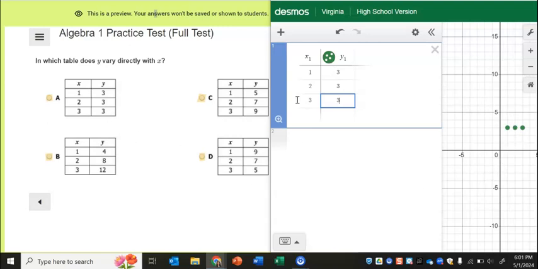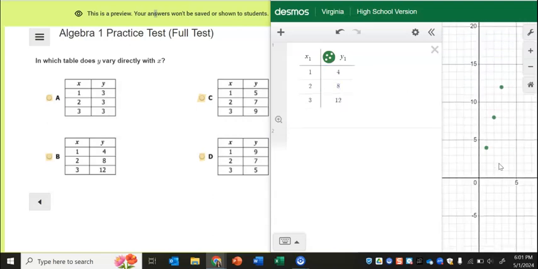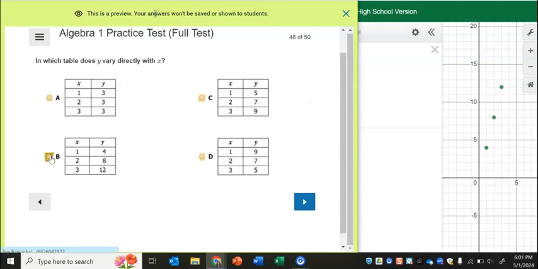So that's not it. Let me try B. I think that's it. Left 1, down 4, left 1, down 4, left 1 and down 1, 2, 3, 4. Yep, it's headed right through the middle. That one. B.